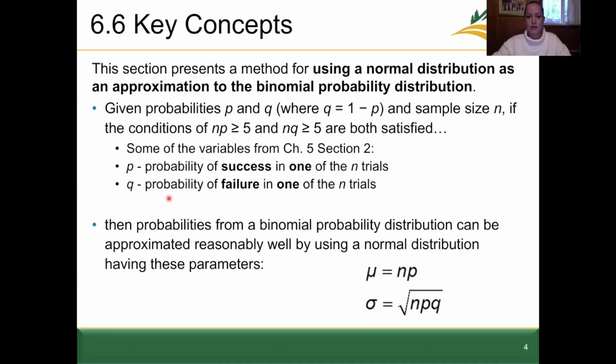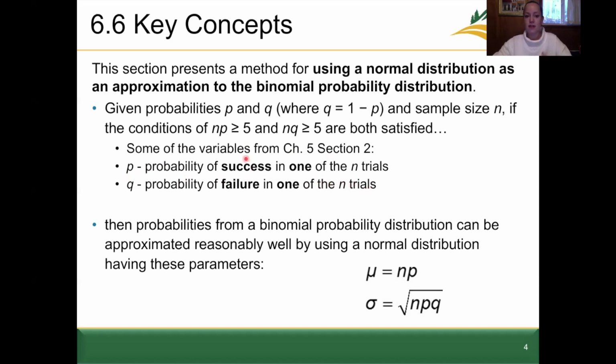Going back up here quickly to these bullet points, again, I definitely recommend going back to chapter 5, section 2. There you'll see more about this notation where lowercase p is the probability of success in one of the n trials, and lowercase q is the probability of failure in one of the n trials.